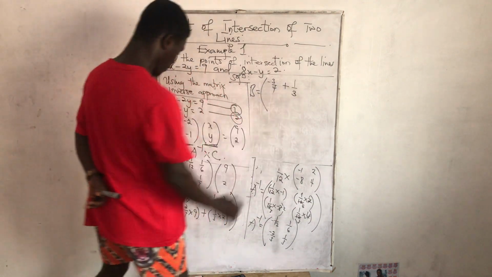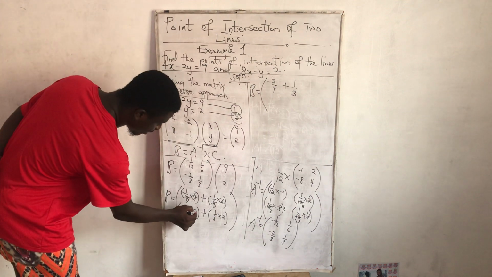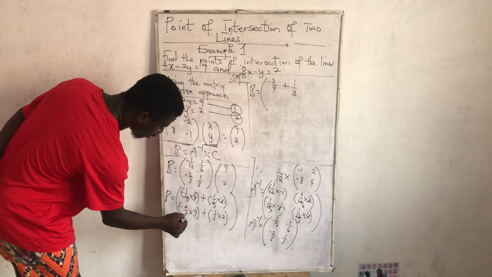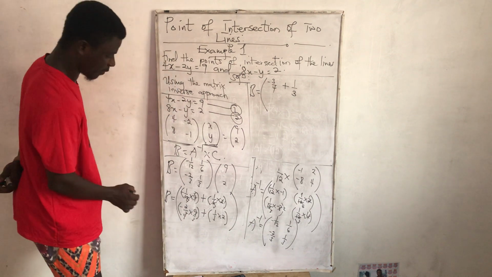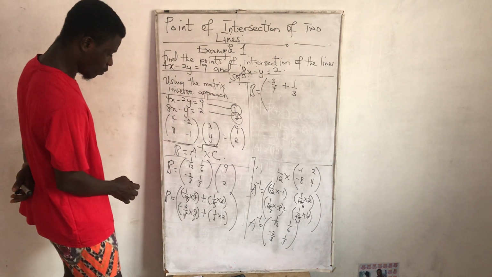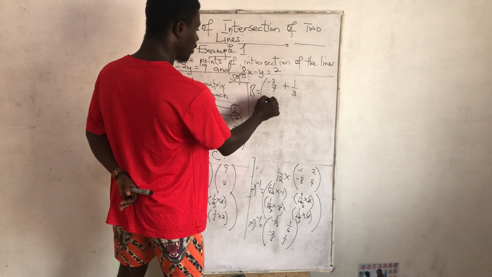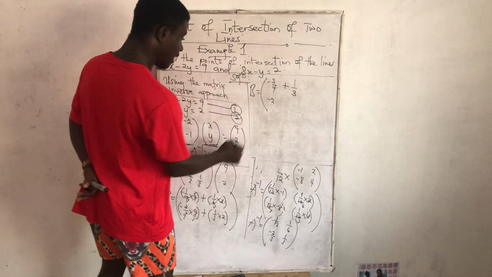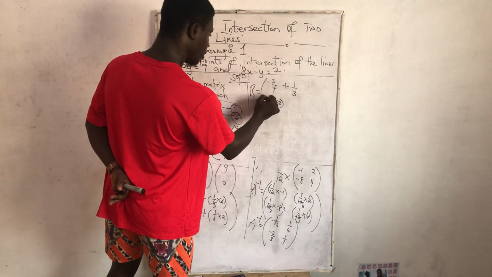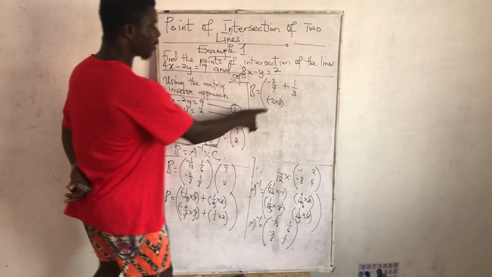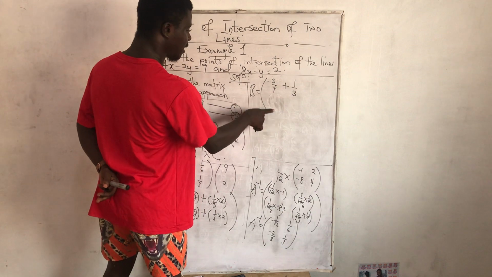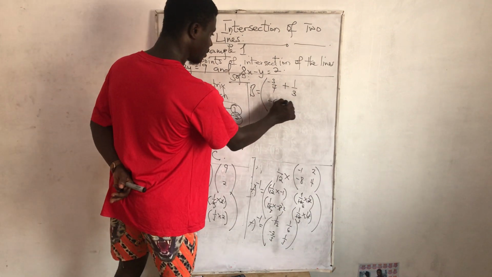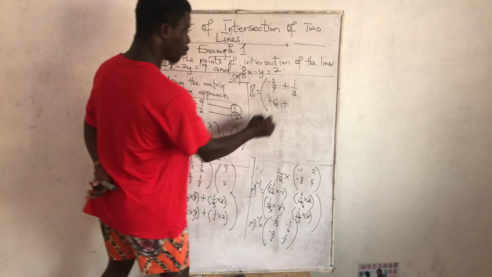Then now here, 3 will go into itself 1, then 3 goes into 9 3 times. So I have negative 2 on 1, which is the same thing as negative 2, times 3, which gives us negative 6. Then plus 1 on 3 times 2, which is what?